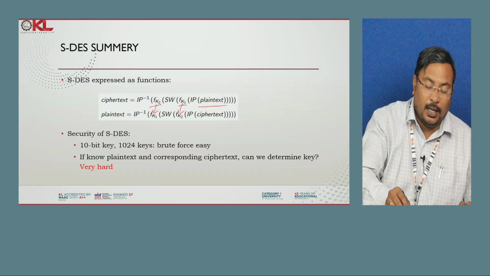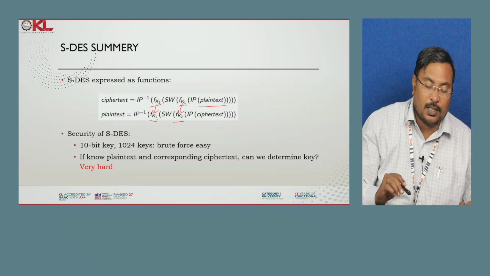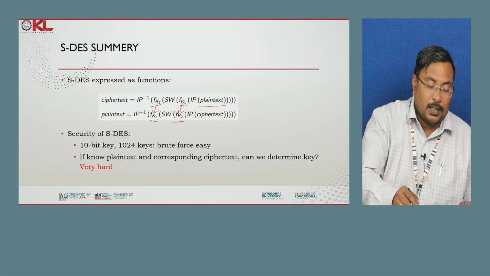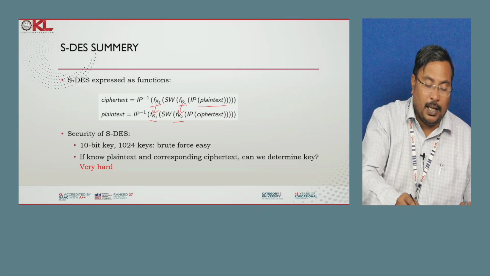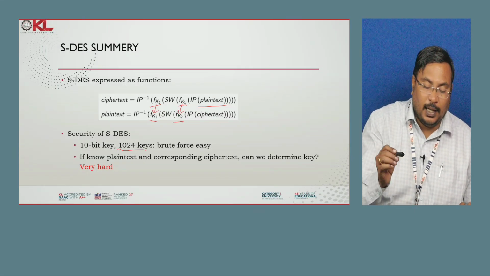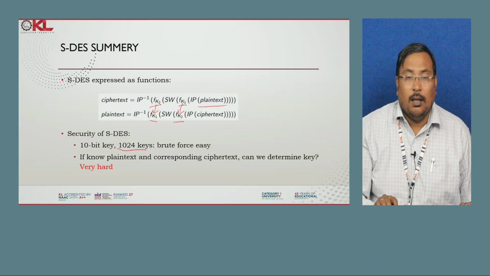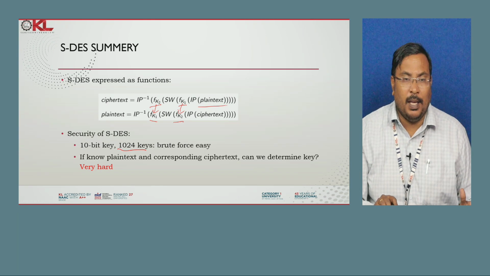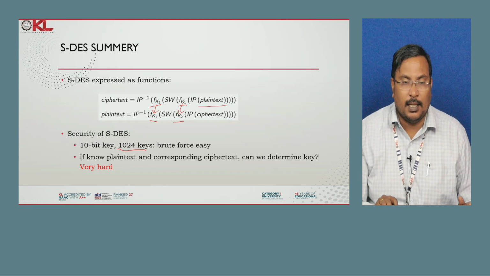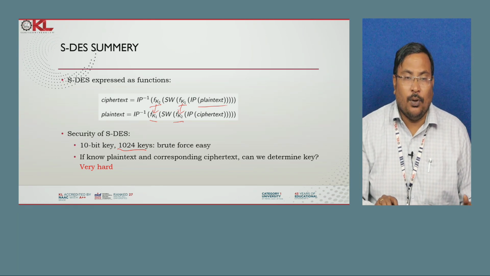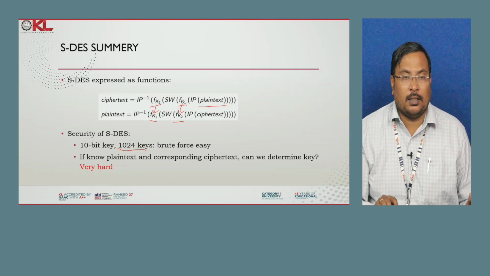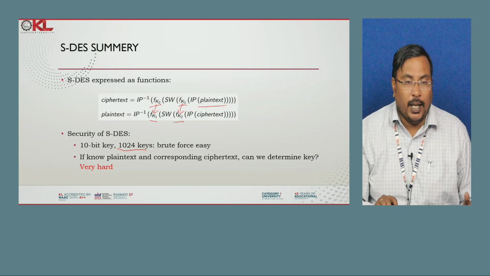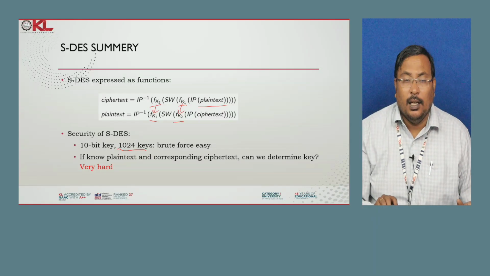Coming to decryption, the first round uses K2 and the second round uses K1. As for the security of SDES, a 10 bit key gives 1024 keys. With huge computational power, a brute force attack may be possible easily. If you know the plain text and the corresponding cipher text, it is still hard to identify the key.